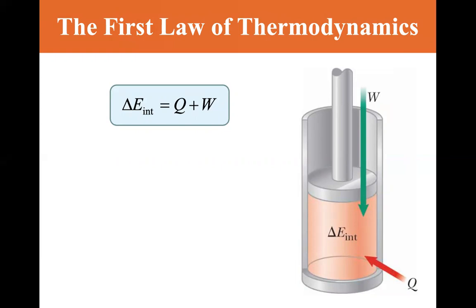This is a special case of the law of conservation of energy, which describes processes in which only the internal energy changes, and the only energy transfers are by heat and by work. So the change in internal energy is equal to Q plus W.